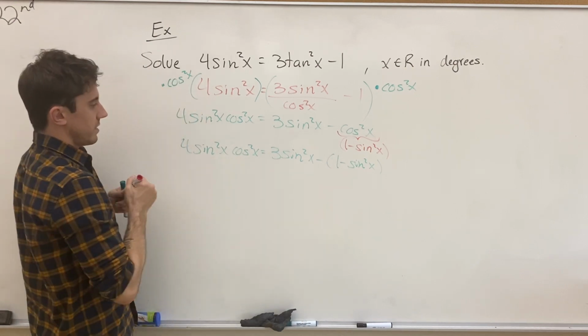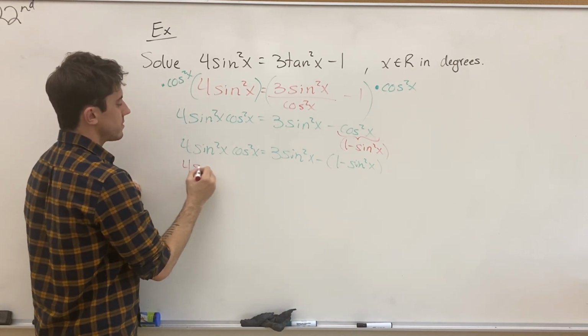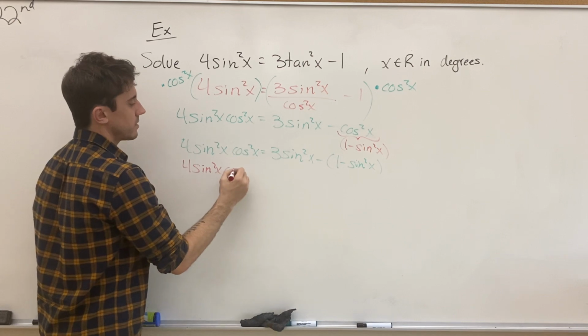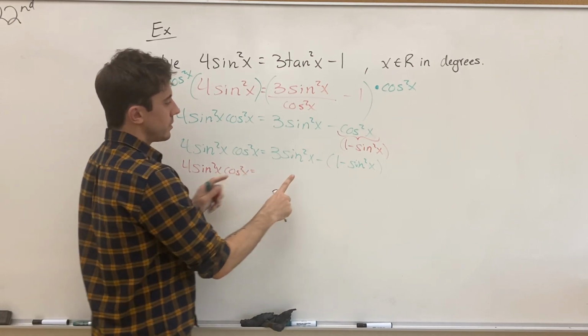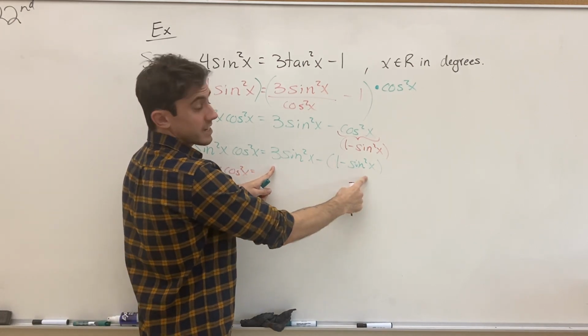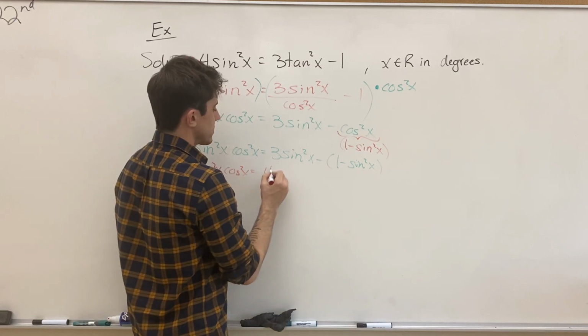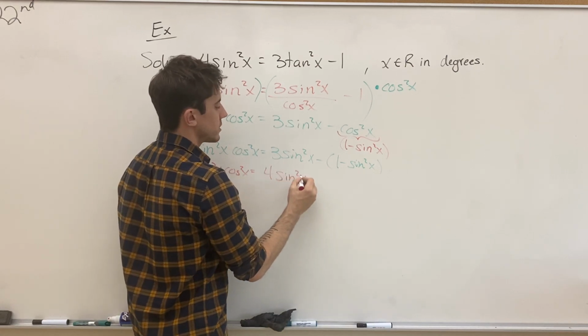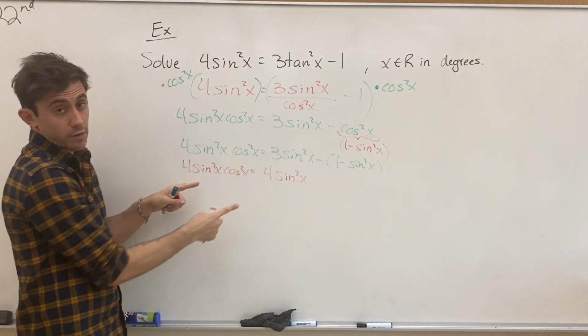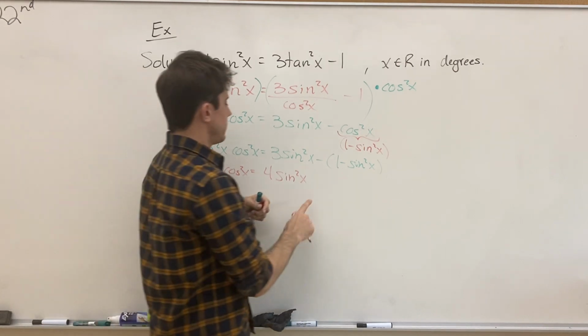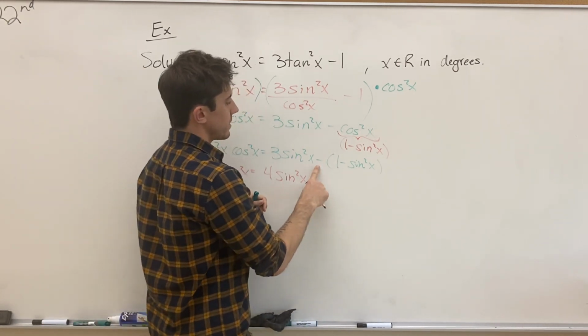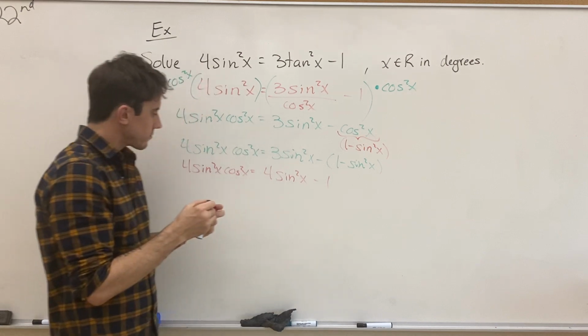But let's go ahead and simplify this a tiny bit more. So 4 sine squared x cos squared x is equal to 3 sine squared x minus negative sine squared x, which brings us to 4 sine squared x minus 1, okay?